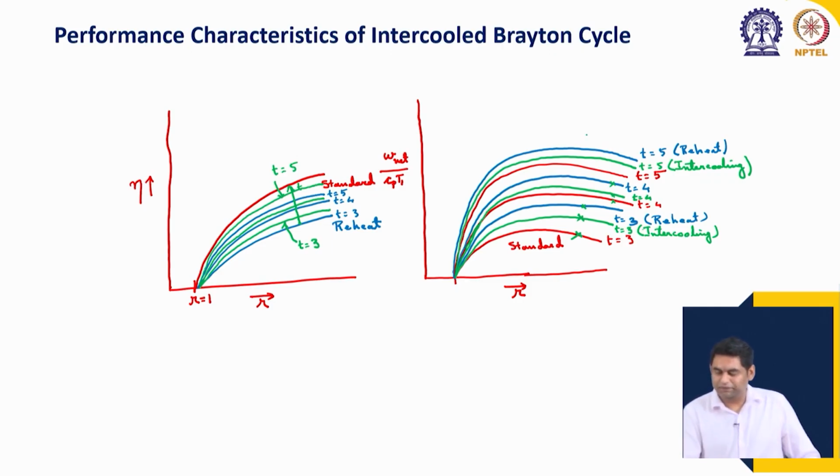Okay. So, this pattern will continue. If you compare these three, we will continue for higher T. So, with increasing T, the work output increases, the efficiency also increases with increasing T, but in one case this is less than the simple Brayton efficiency, but the work output is greater.